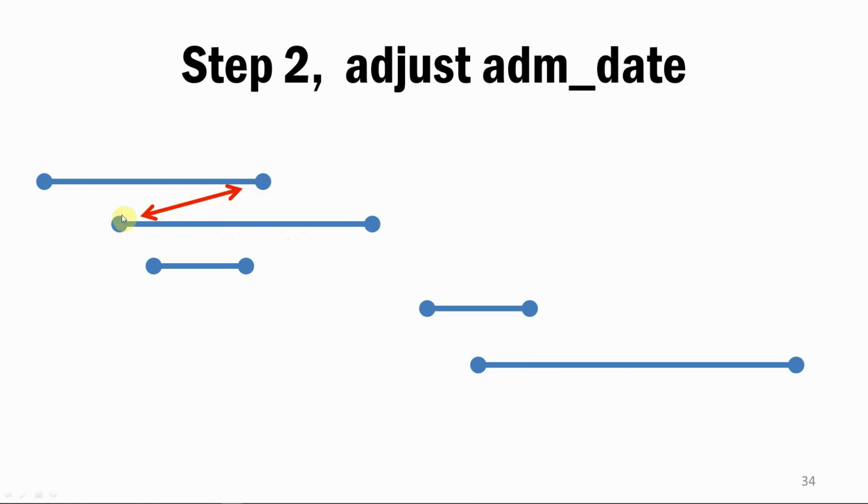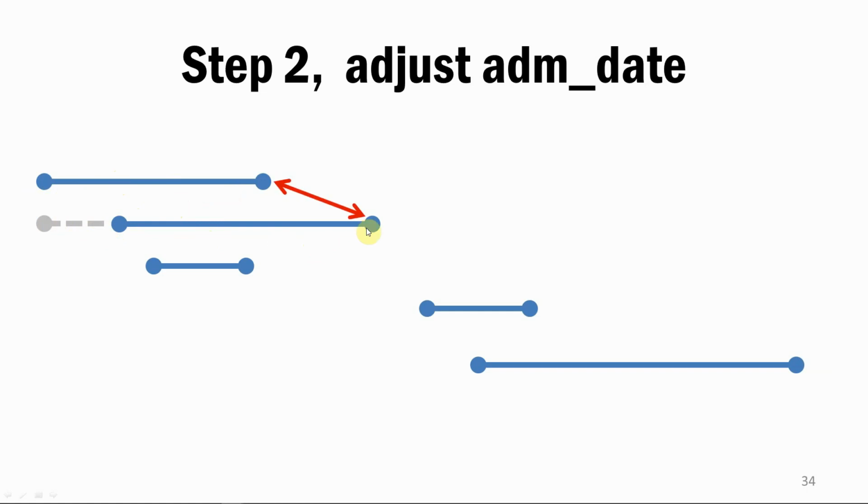Because if the admission date is within the hospitalization period of the first record, then the two are overlapping. So if it is overlapping, then we're going to extend the admission date and set it to be the same as the admission date of the previous record. So that's the first thing we do.